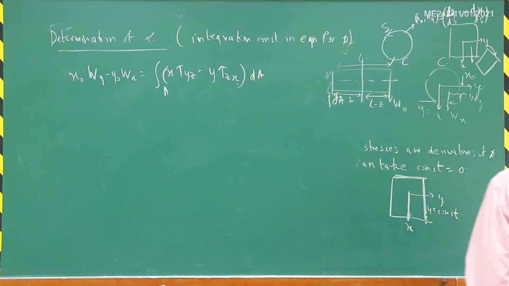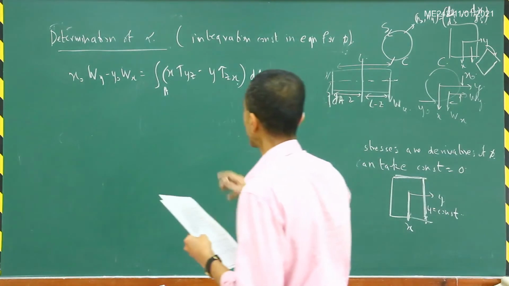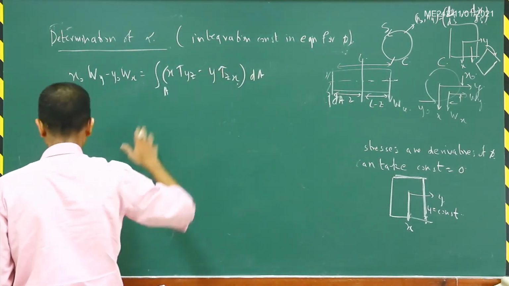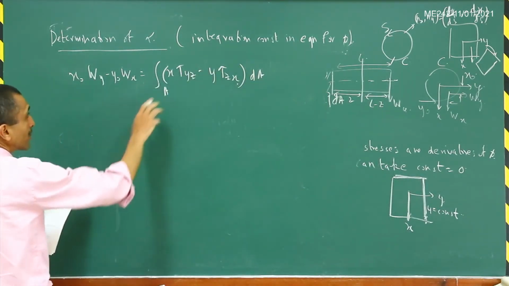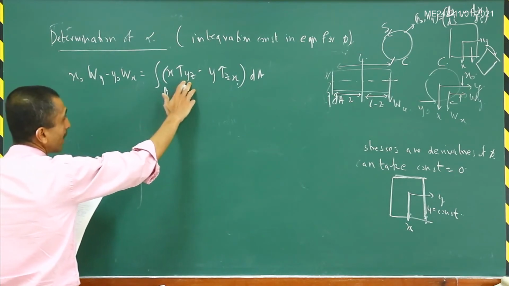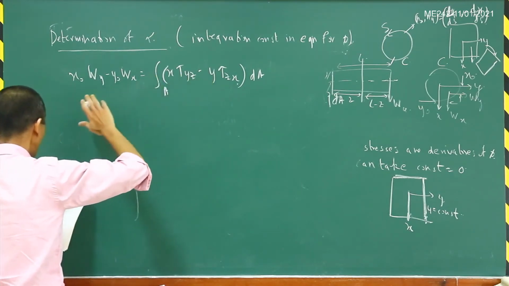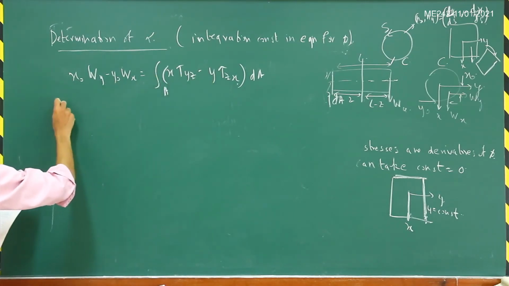Now we will use some manipulations in order to simplify this expression. First we will substitute for tau xz and tau yz in this expression and see what we get. So let me just write it here.